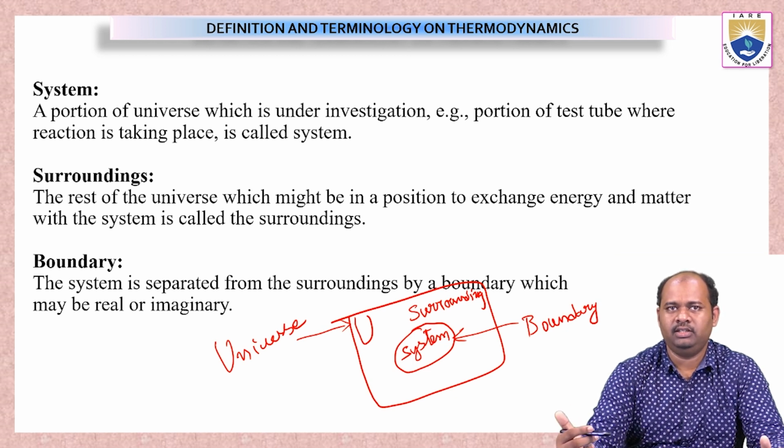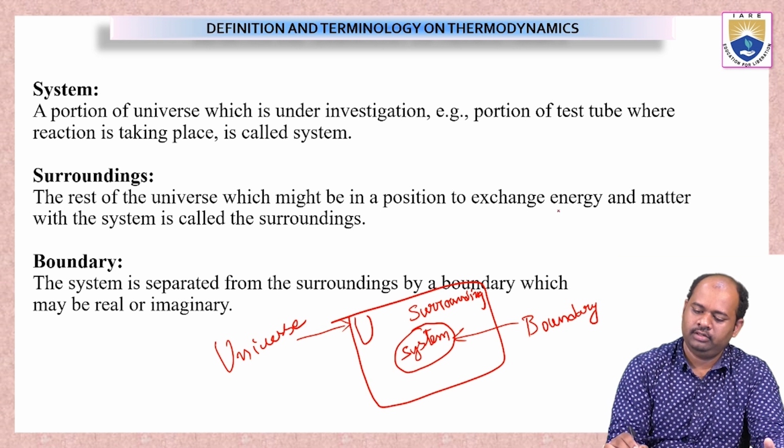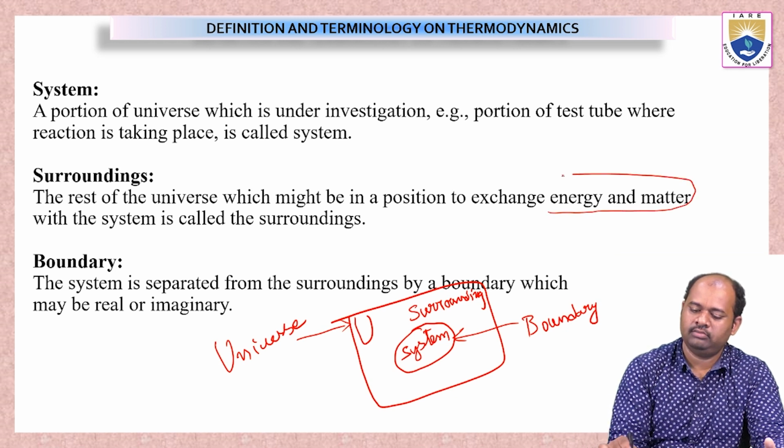When we study the definition of surroundings, it is the area inside the universe apart from the system which is in a position to exchange energy and matter. These two are the key things.